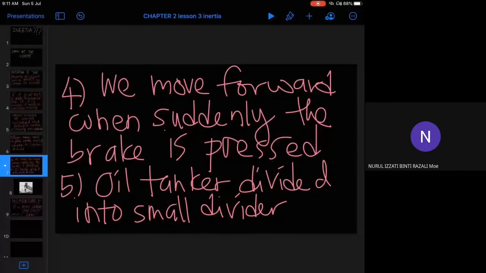So minyak tu ialah liquid, betul tak? Betul. Apa jadi kalau tiba-tiba lori tangki tu dia belok? So minyak tadi tu dia akan berombak ke tepi, betul tak? Betul. Jadi adakah lori tangki tu berada dalam keadaan stabil? Tak. So keadaan tu sangat bahaya sebab apa?